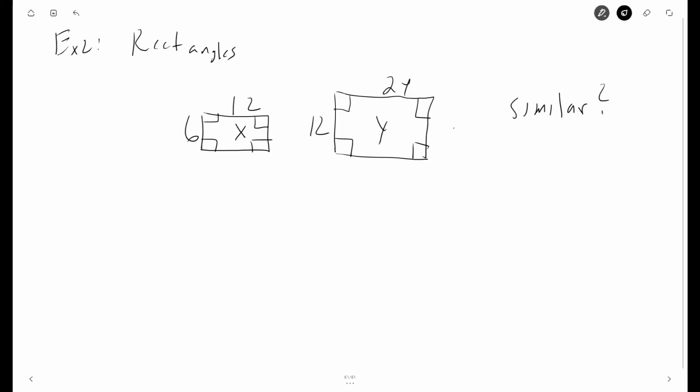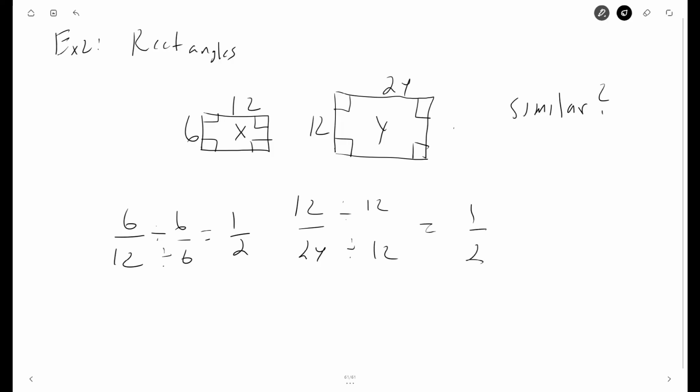So corresponding sides 6 and 12, that will be 6 over 12, and we'll do the other one, 12 and 24. So let's divide top and bottom by 6. 6 over 6 is 1, 12 divided by 6 is 2. And then 12 over 24, top and bottom divided by 12, and we'll get 1 over 2.